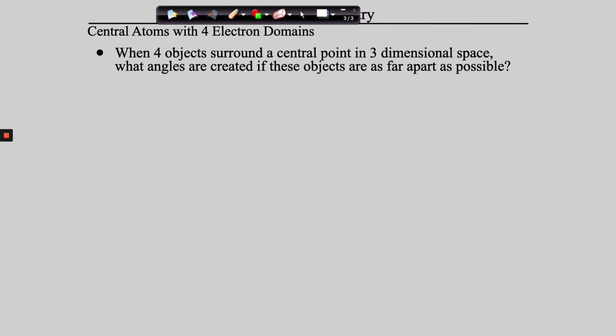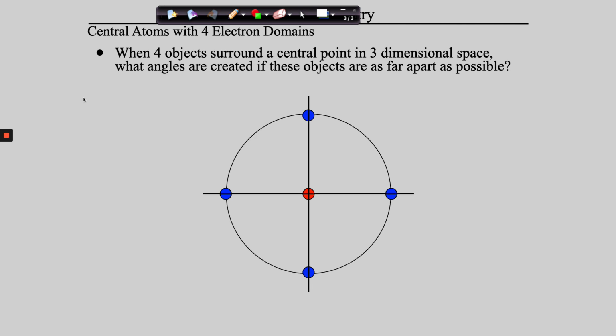So guys, you ready? This is a visual of what we're talking about. Here's our central point. And then we go 1, 2, 3, 4 points. And they are as spread out as they possibly can. And when we connect the dots, what are all four of those angles? Come on, you've done a little geometry.